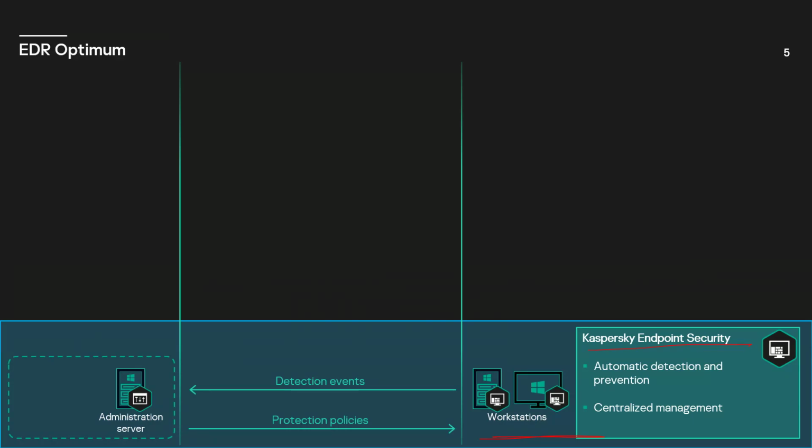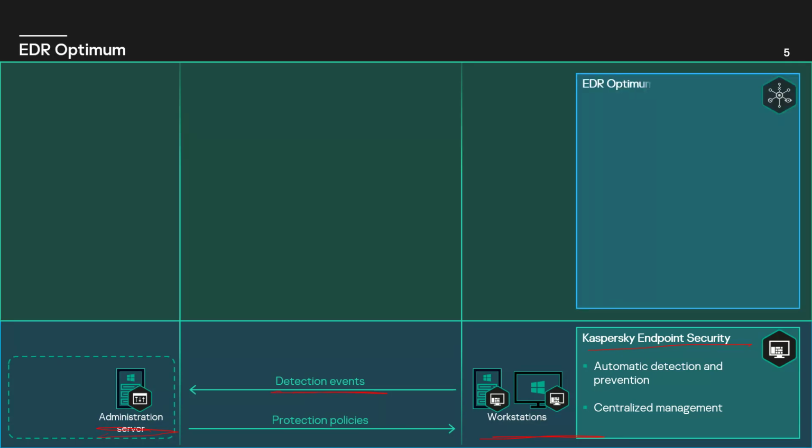Workstations are connected to the administration server. It can be a virtual administration server or an on-premises administration server. It doesn't matter. It provides policies and tasks, and the endpoint sends detection events to the console.